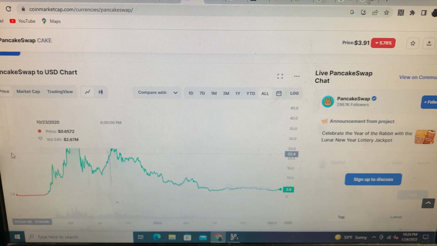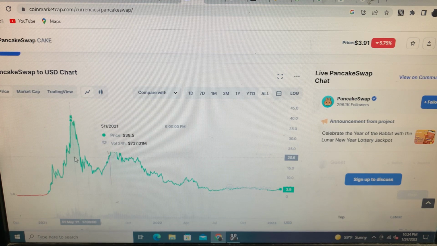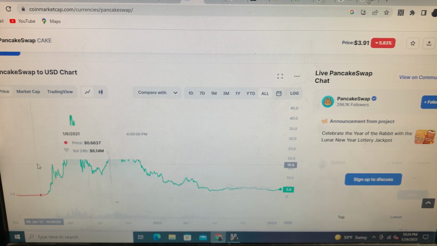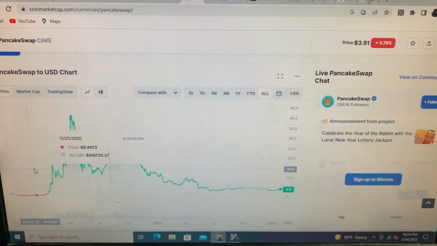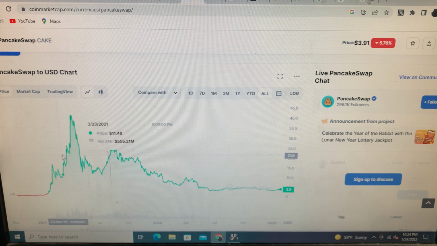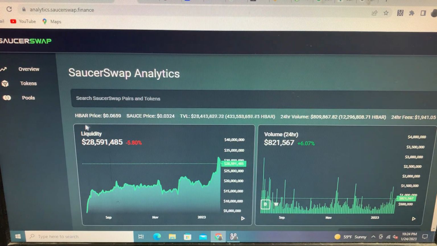Cake went from 30 cents all the way to $40. $40 freaking dollars. From 30 cents to $40. That's 100x plus. Okay? That's 100x plus. Sauce is going to go even higher. It's going to go much, much, much higher.